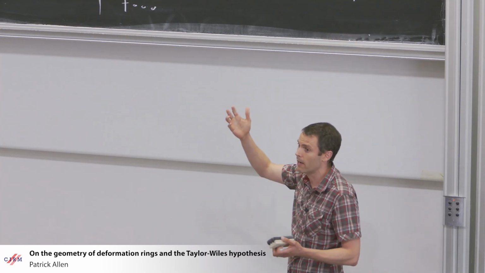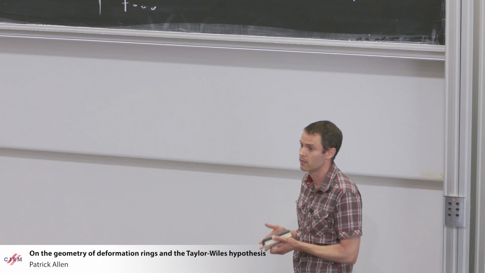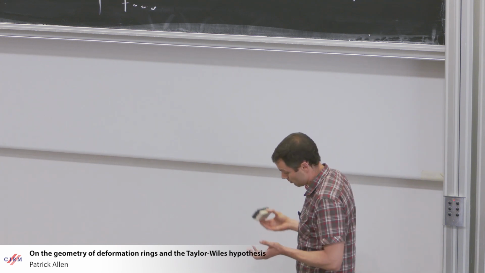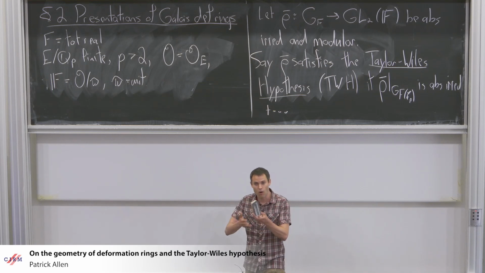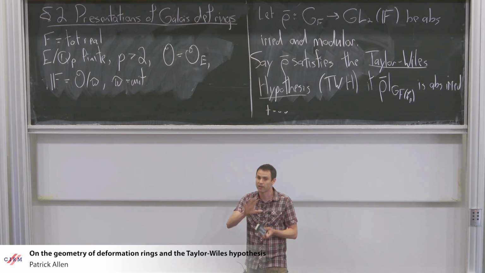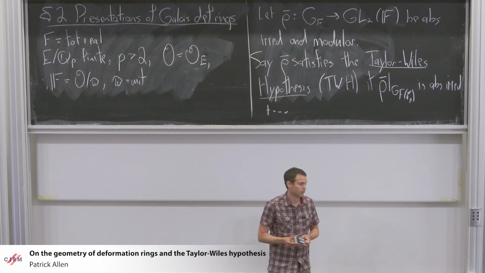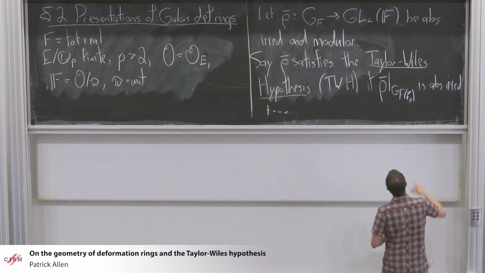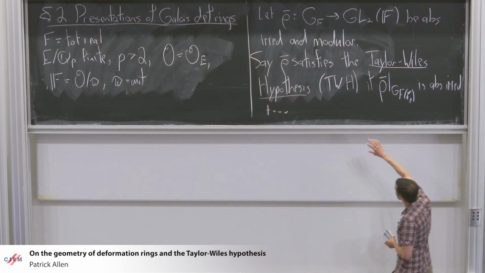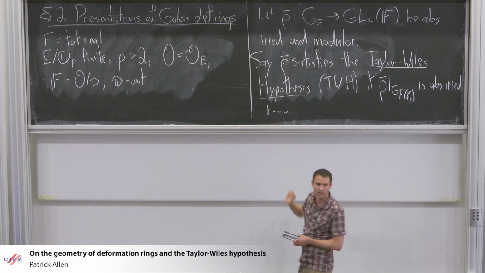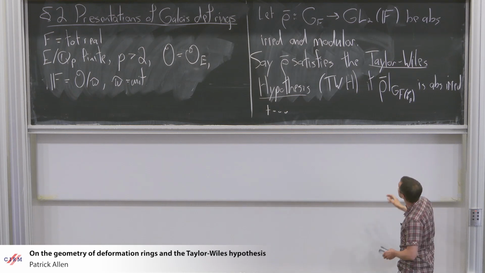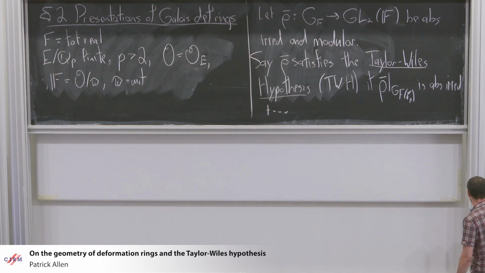When you go to higher rank, it becomes even more fluid, because there are various conditions like enormous, adequate, big, that are all different for rank higher than 2, but they're all the same in rank 2. So really, this is enough. But there is a subtlety for p equals 5 particularly, and somewhat for p equals 3, although it's less of an issue with something else that comes up. But like I said, I don't want to talk about that.